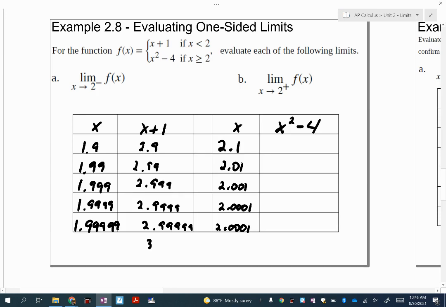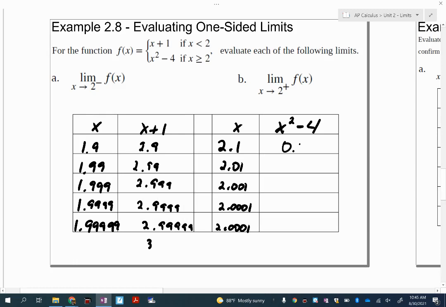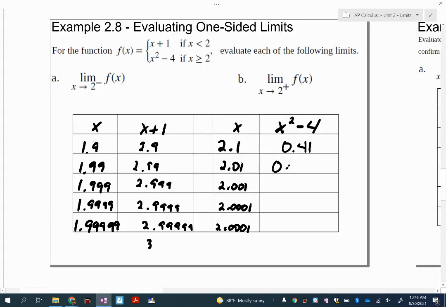And from the right side, we're plugging into x squared minus 4. I'll use decimals on this one. So I have 2.1 squared minus 4, which is 0.41. And then let's do 2.01, so 0.0401.